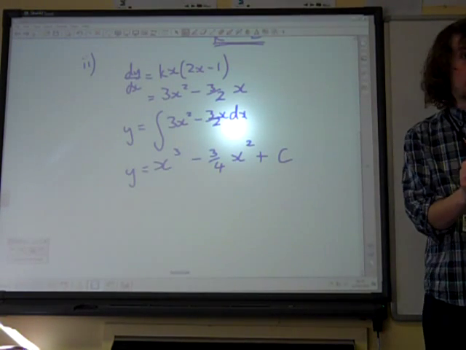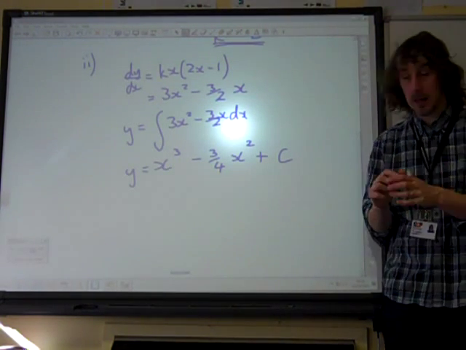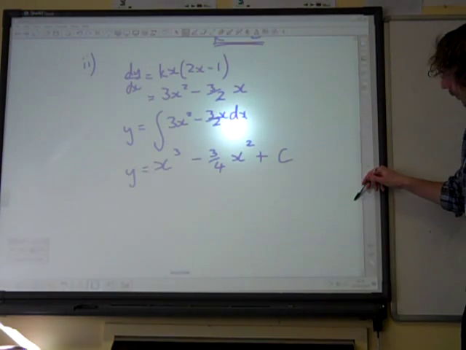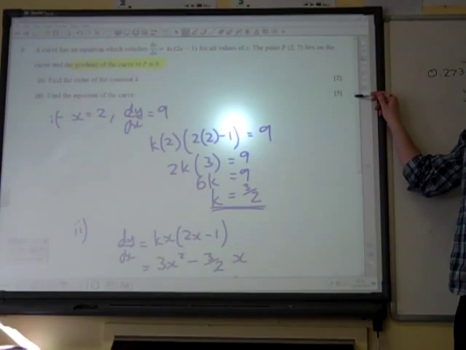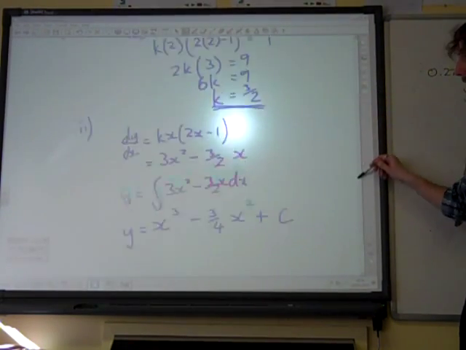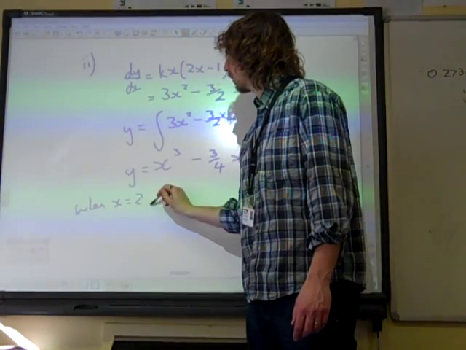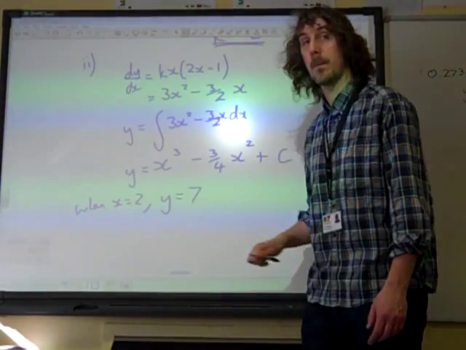This is now where we get to use the other bit of information the question gave us. The question told us that this curve passes through the point P with coordinates (2, 7). So we also know that when x equals 2, y equals 7.